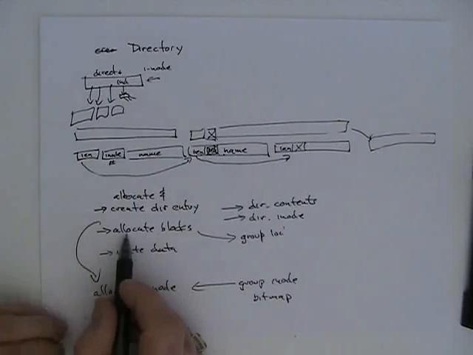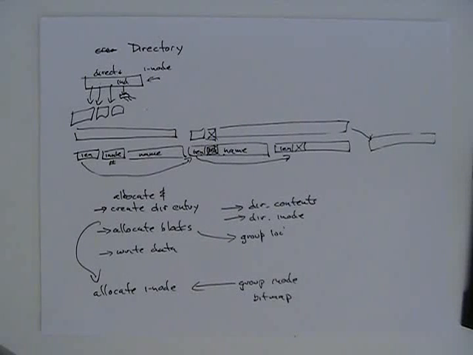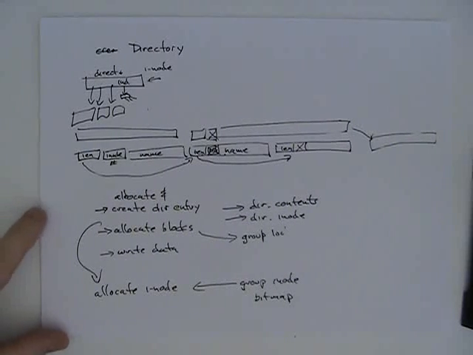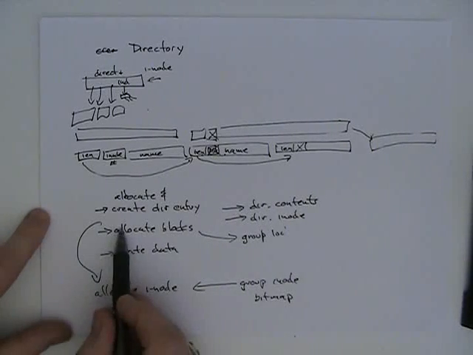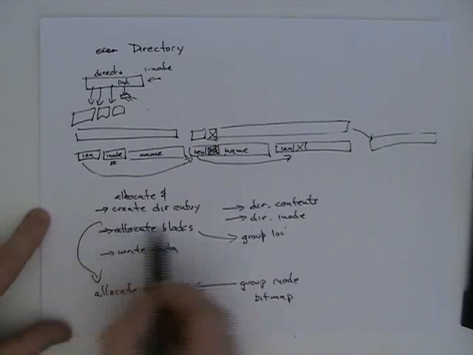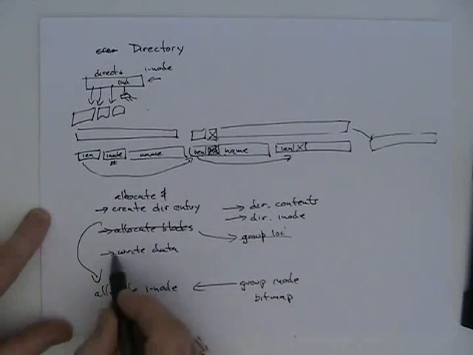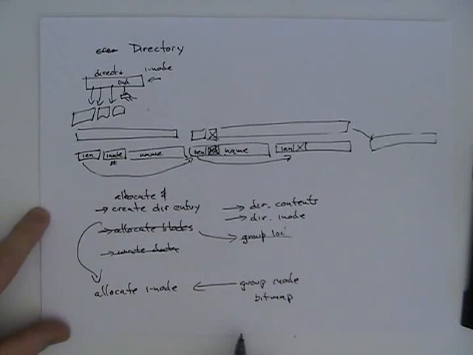We allocate the blocks, and here we search for, actually, when we first create an empty file, we don't even have to allocate blocks. So now we can allocate, and we can create a file of length 0.